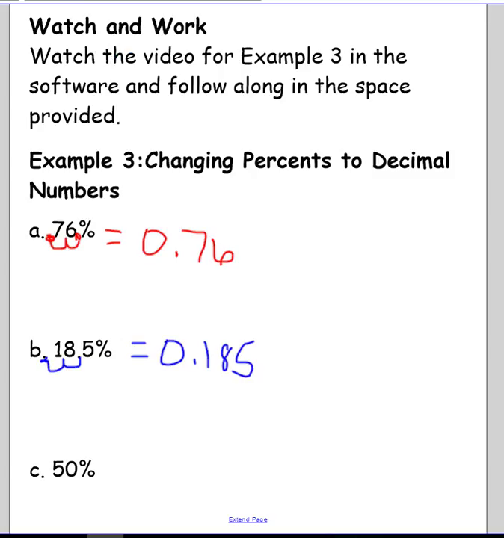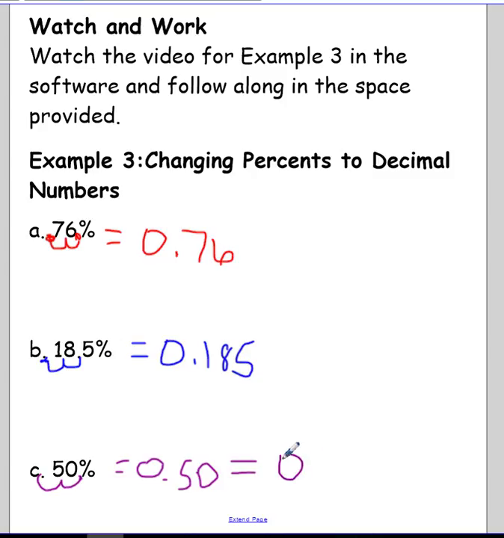And then for C, we have 50%. Again, there's our invisible decimal point to move 2 spaces, which will give us 0.50. That extra 0 at the end, we do not have to keep.